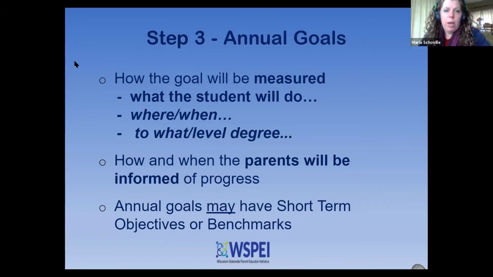So when we talk about the annual goals, in the sample IEP that you have, like I mentioned earlier, this is just one out of many. This was an Infinite Campus one, and they can be structured however the team decides. So in an IEP like this, annual goals have to be reviewed every year. So if this was an IEP that was not the first one, you would review your annual goals.